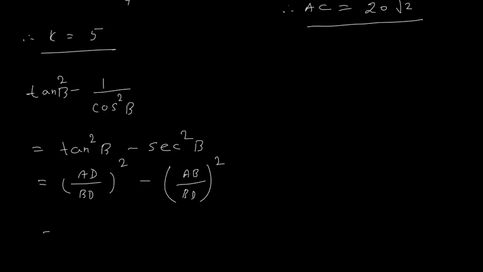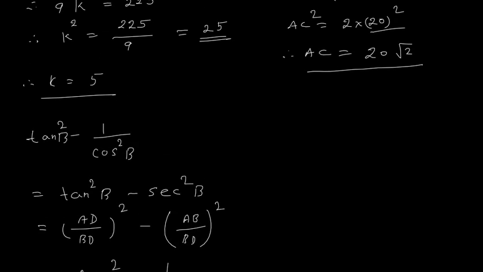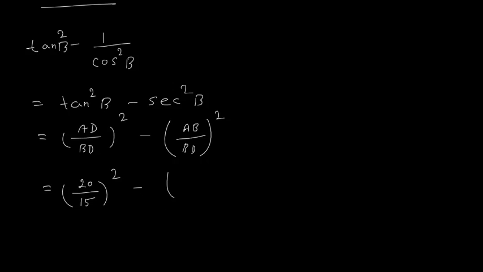Now the value of AD is 20, value of BD is 15, so this is 20 upon 15 the whole square, minus the value of AB is 25, so this is 25 upon 15 the whole square. Now I will cancel: 5 fours are 20 and 5 threes are 15, 4 upon 3 the whole square, minus here 5 fives are 25 upon 5 threes are 15 the whole square.